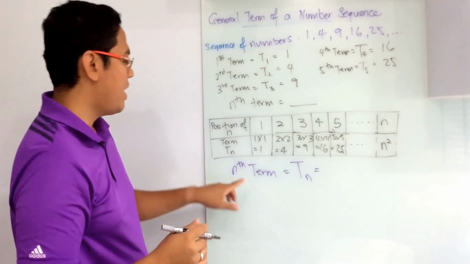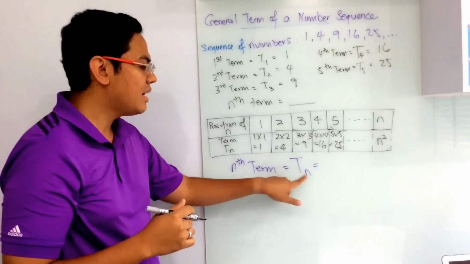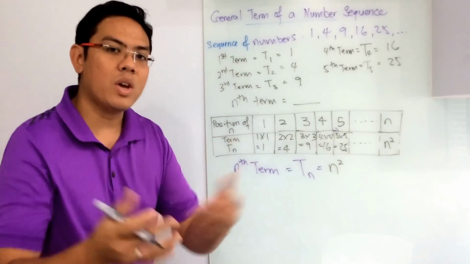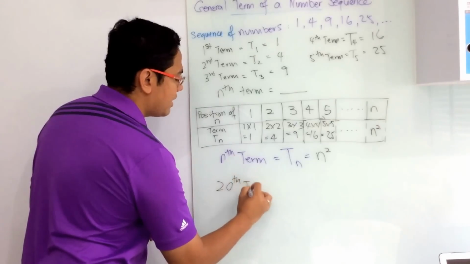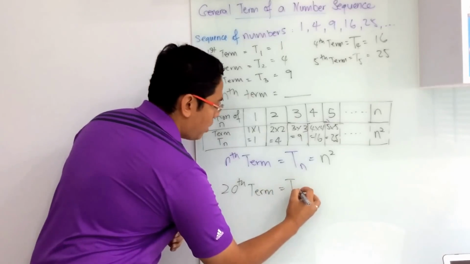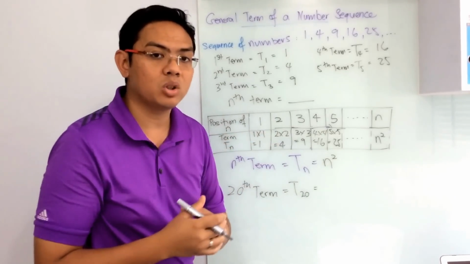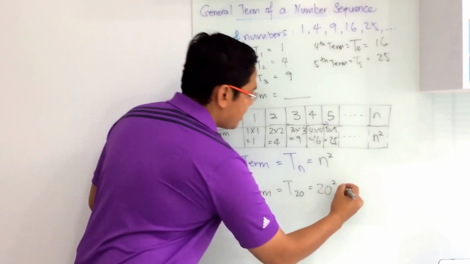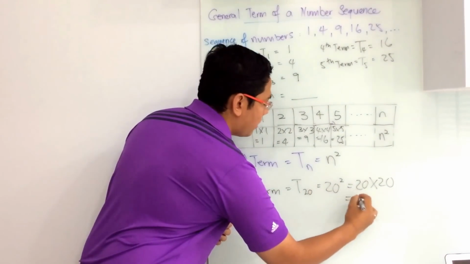So now, for this number sequence, the nth term, Tn, is equal to n squared. So if a question asks you, what is the 20th term for this number sequence? It's equal to capital T, small number 20, which is n squared, meaning if n is equal to 20, so 20 squared. 20 squared is equal to 20 multiplied by the number itself, 20, which gives you 400.